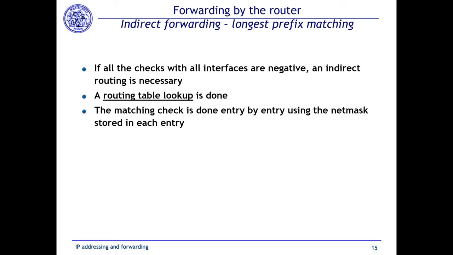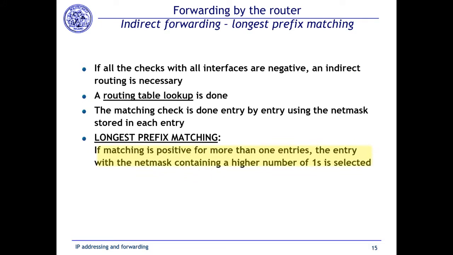In this case, when you are looking into the routing table, it may happen that the packet matches more than one entry. Okay. But the final decision must be univocal.